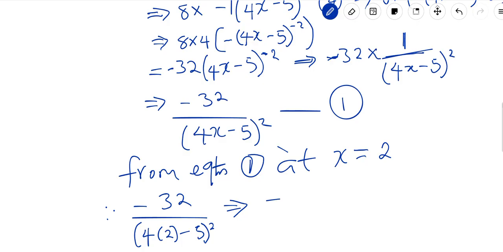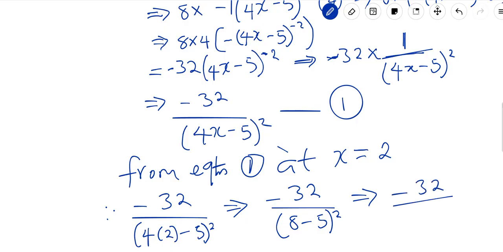What this gives me is negative 32 over 4 times 2 is 8, minus 5 to the power of 2. This is the same thing as saying negative 32 over 8 minus 5, that's 3, all to the power of 2.